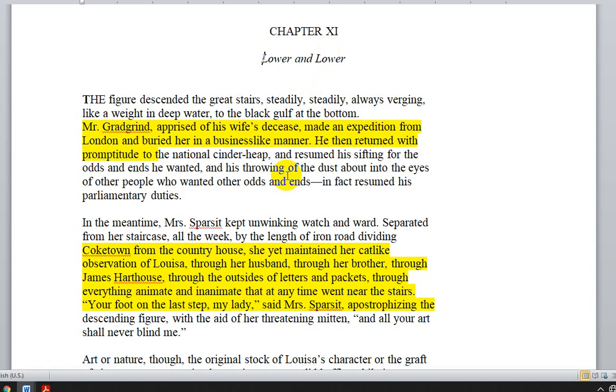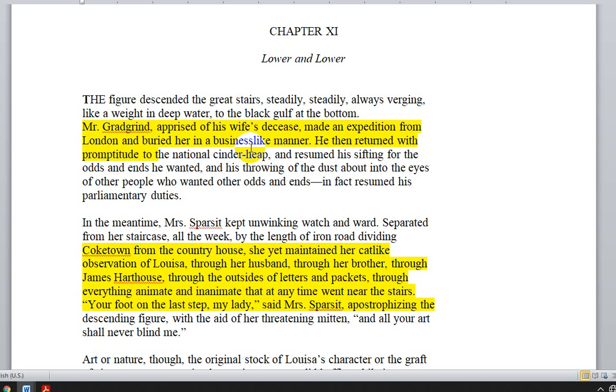The chapter begins with little details about how Mr. Gradgrind received and dealt with the death of his wife. This is another point that highlights the practicality, the pragmatic style of life that Mr. Gradgrind lives by. See how he reacted. Mr. Gradgrind, apprised of his wife's decease, made an expedition from London and buried her in a business-like manner.